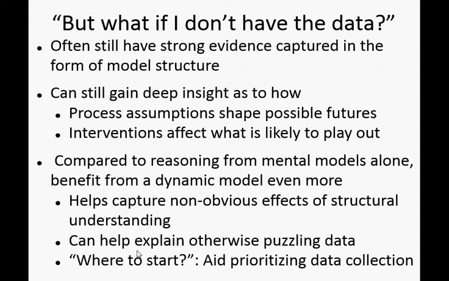Our understanding of the basic progression of factors can in some cases be strong, and we can still gain deep insight as to how process assumptions affect possible outcomes, and how interventions might at a broad level affect what's likely to play out. I think Ross did this good justice earlier, but these sorts of models can still greatly inform our sense of where to start in terms of prioritizing data collection in a way that's very, very important.